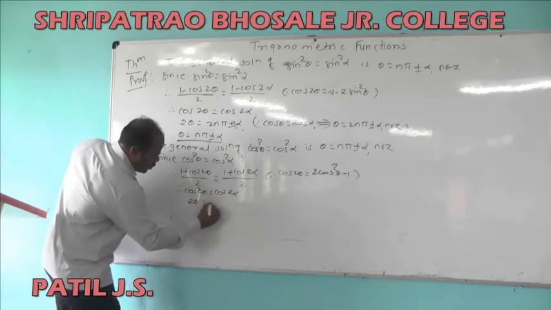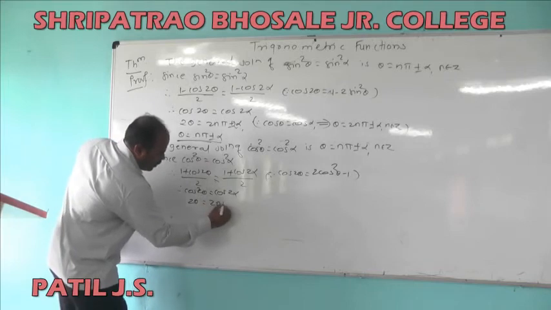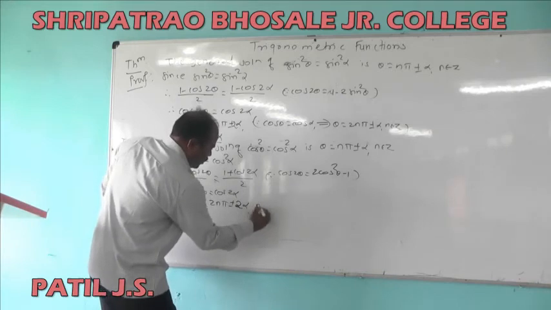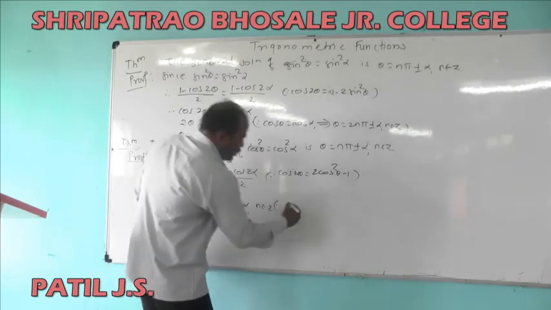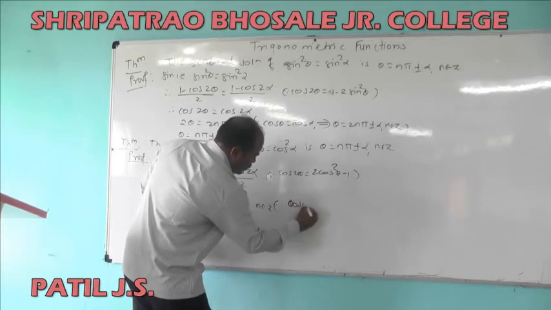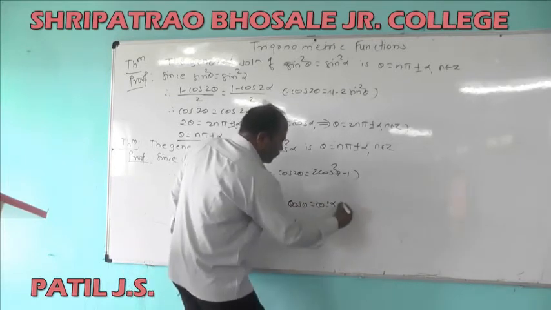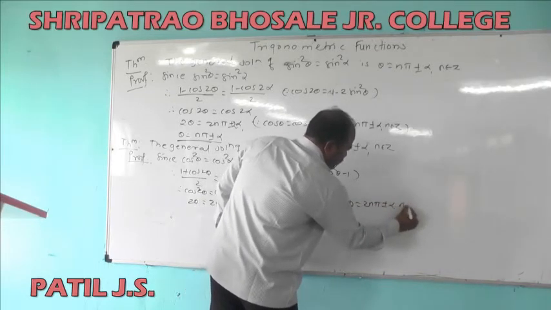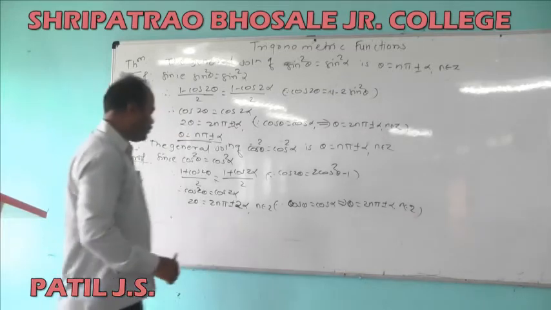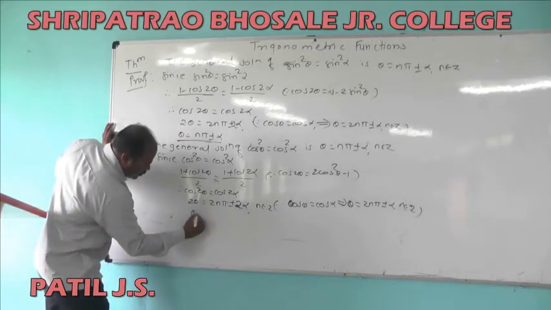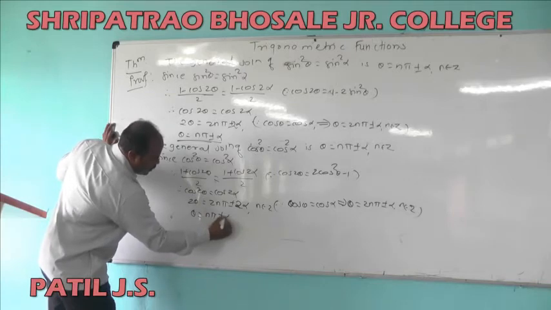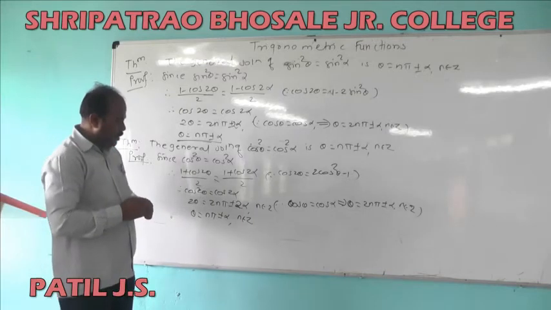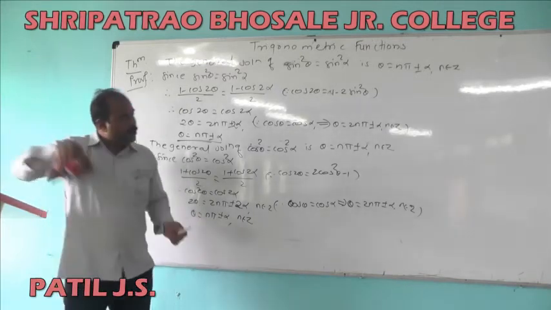Therefore 2 theta is equal to 2n pi plus or minus 2 alpha, n belongs to Z. Using cos theta is equal to cos alpha implies that theta is equal to 2n pi plus or minus alpha, n belongs to Z. These two get cancelled. Theta is equal to n pi plus or minus alpha, n belongs to Z.